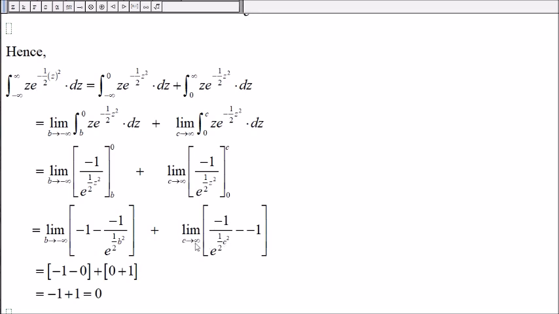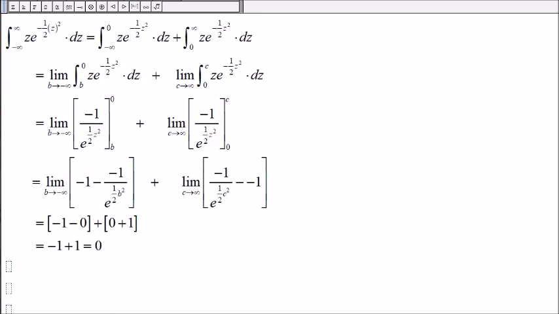As c approaches infinity, then e to the 1/2 c squared approaches infinity. Negative 1 divided by infinity is 0. So we have 0 minus negative 1, which is 0 plus 1. So we end up with negative 1 plus 1, which is 0. And therefore this integral here is equal to 0.